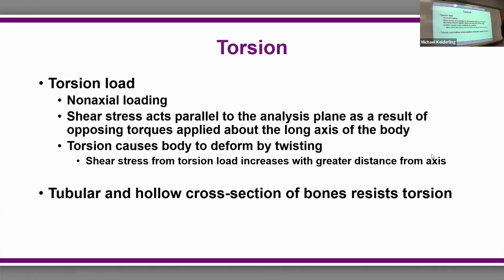So instead of being in a straight line, they're going around in a circle. They're curled around. So shear stress will act parallel to the analysis plane as a result of the opposing torques that are applied along the long axis of a body. Torsion causes the body to deform by twisting.